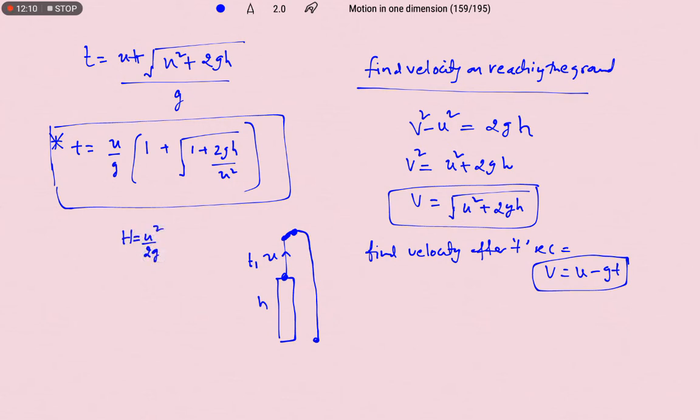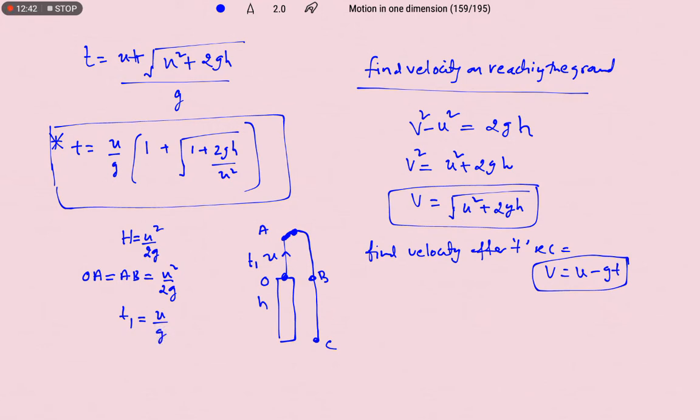And this will be similar: suppose this is OA, and it is at the same level as point BC. So OA equals AB equals u square by 2g. In the same way, the time for the journey from O to A is T1, T1 equals u by g.